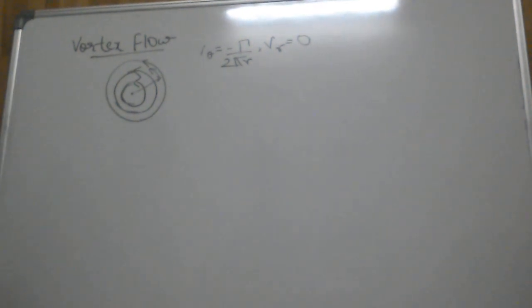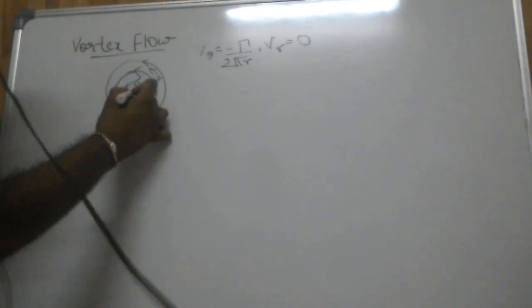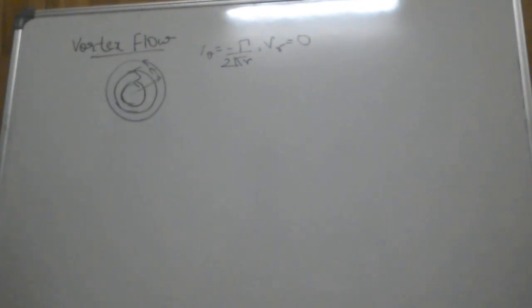So at this point, I would like to mention that the vortex flow satisfies the continuity equation throughout the flow field, and it is irrotational everywhere in the flow field except at this point, which is the origin.